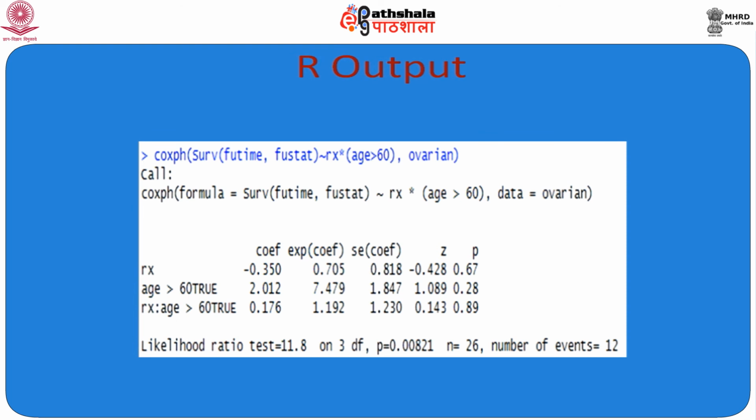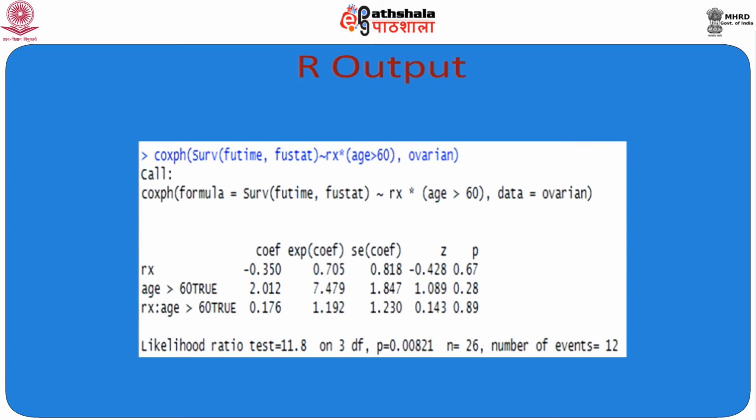So with reference to the first group, what is happening in the second group is given as Rx coefficient minus 0.35, and its exponential of coefficient comes with 0.705, with standard error of coefficient 0.81 and p value 0.67.